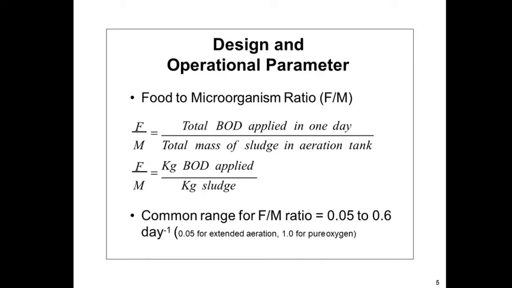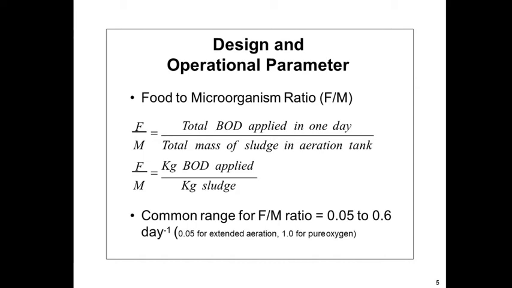So the next term is the food to microorganism ratio. This organic loading is also referred to as the food to microorganism ratio, called the F/M ratio. The F/M ratio is the ratio of the kg of BOD applied per day divided by the kg of MLSS present in the aeration tank, which represents the microbial mass.